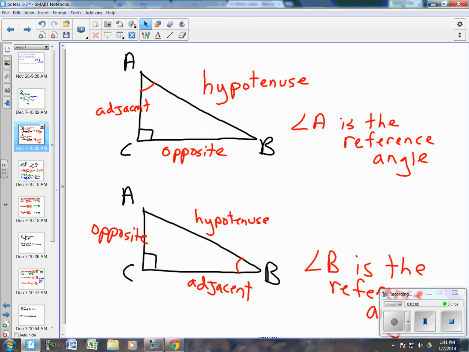But one of them's the hypotenuse, and the hypotenuse is always the hypotenuse. So the side next to angle A that is not the hypotenuse is the adjacent side. Now notice down here it switches because I'm using angle B as my reference angle. So if angle B is my reference angle, opposite of it would be this side, and adjacent to it would be this side. Any questions there?